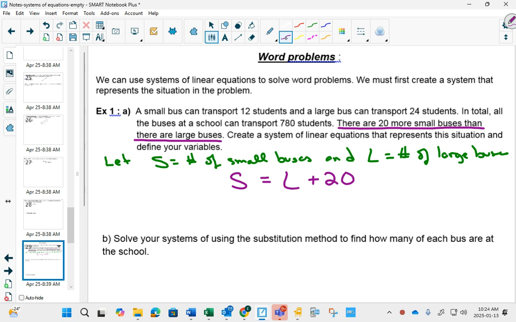Because if this is 60, this is 40, right? Because there's 20 more. So to make the equations the same, I would have to add 20 on the large side to make them equal. So we have to take a sentence, and I underlined that sentence in purple, interpret it, and come up with an equation that makes sense for that.